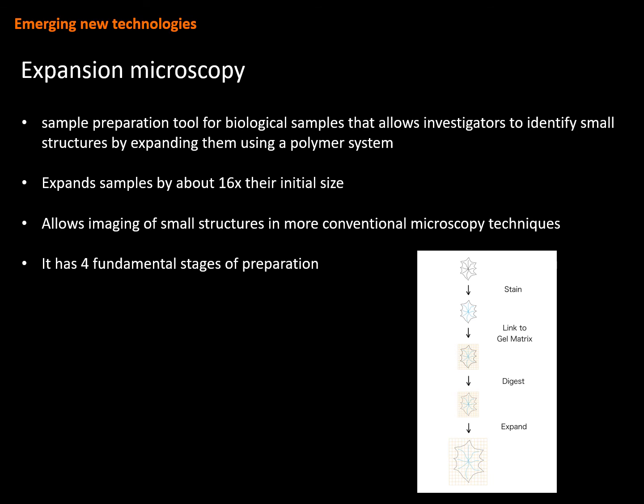And this is very useful because it allows you to image small structures using more conventional microscopy techniques. And it allows researchers to identify small structures that would be difficult to see if they were not expanded. It uses a polymer system to do this, and it's able to expand the sample size up to 16 times its initial size, and can be very useful in certain situations.